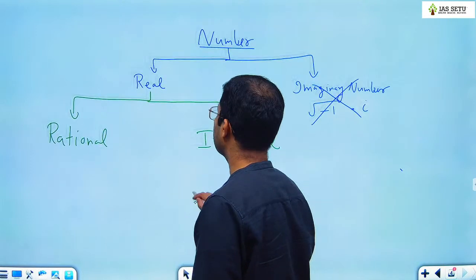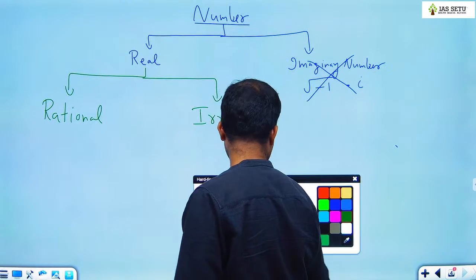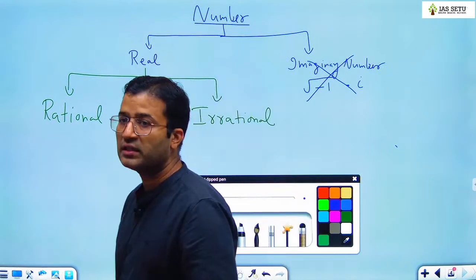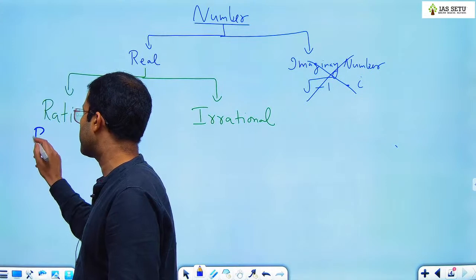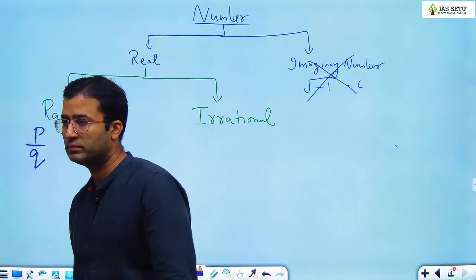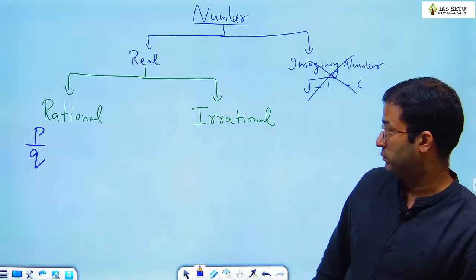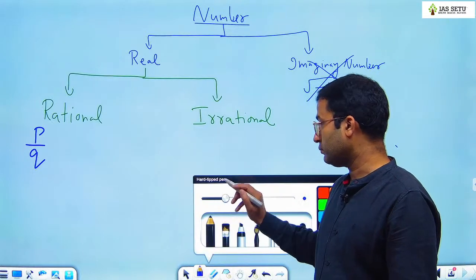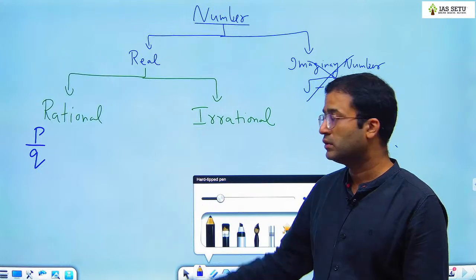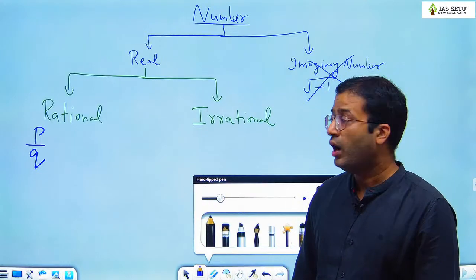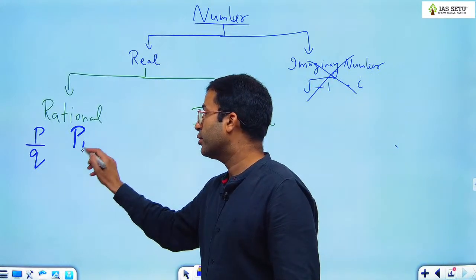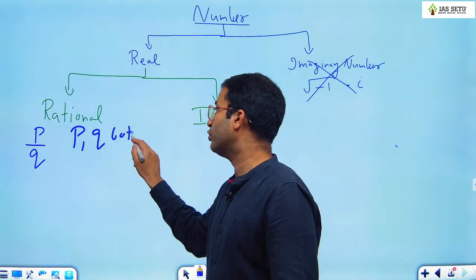If you want to write, you can write. A rational number is one that we can express in the form of P by Q, meaning numerator by denominator, where P and Q both are integers.